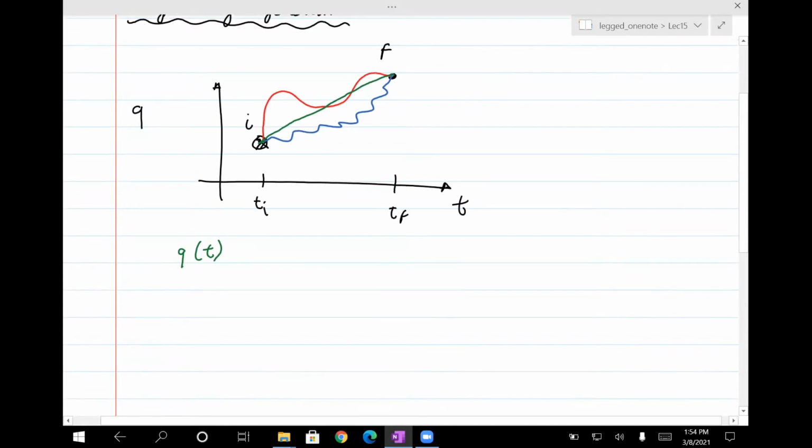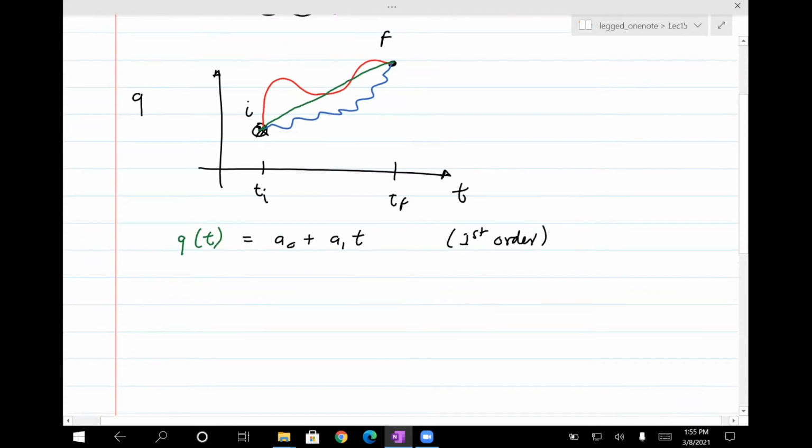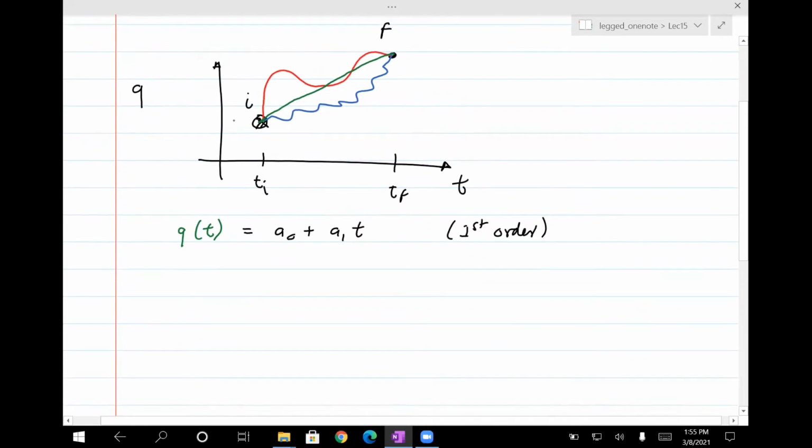If you think of two points joined by a straight line, then we can use the equation of a straight line, which is a0 plus a1 t. So it is a first order equation. The question is, how do we find these a0 and a1, which are constants?